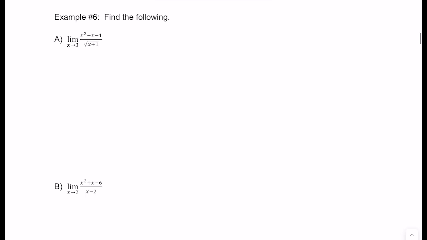All right, let's look at example number 6. So here we're looking at the limit of this function as x approaches 3. And again, we're going to try to use our rules here, okay?